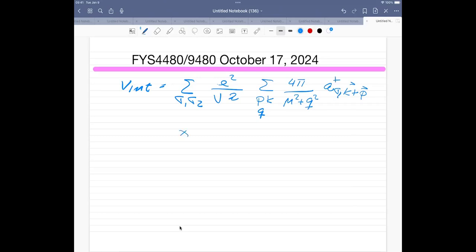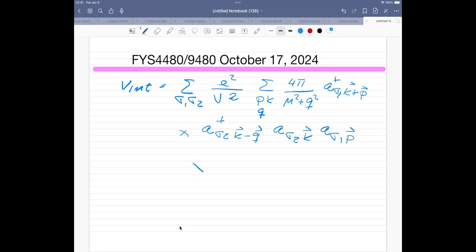And then we had another creation operator, A dagger, with a sigma 2 here, and then a k minus q. So I'm putting vectors here to indicate that these are momenta with 3 components, or wave numbers with 3 components. And then I have an annihilation operator of sigma 2 of k multiplied with A of sigma 1 of p.